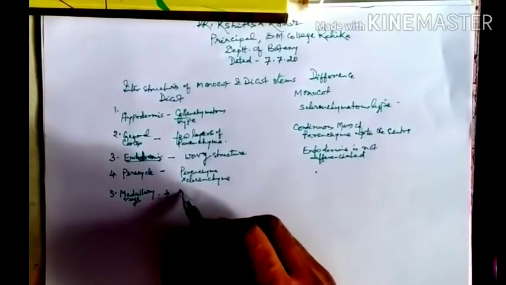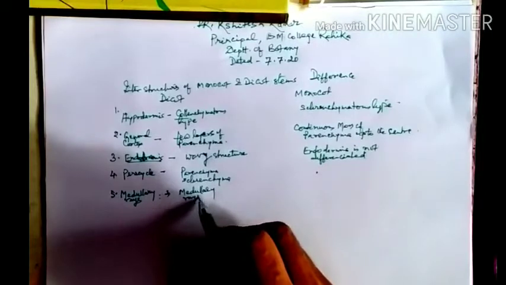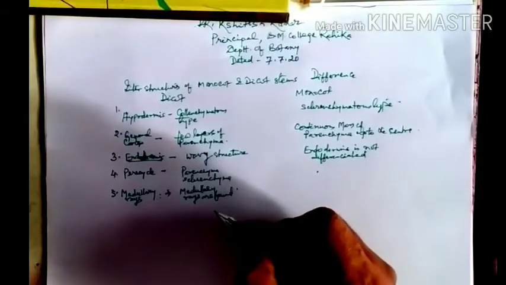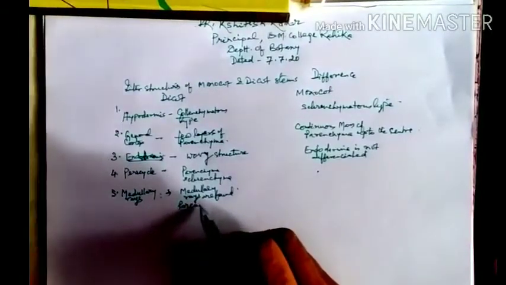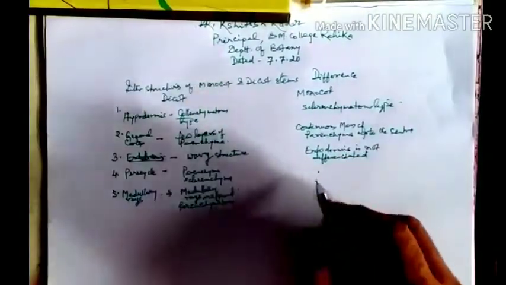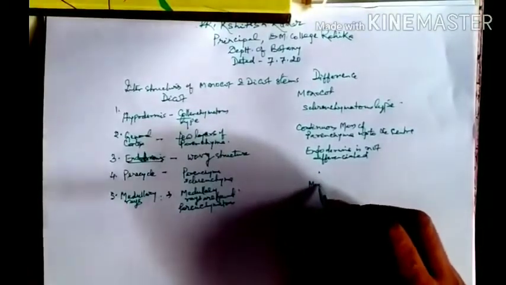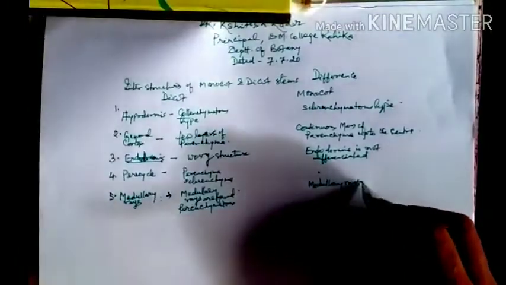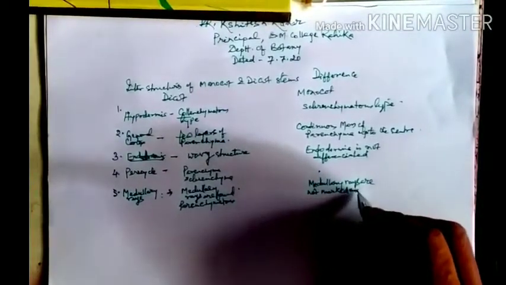So here in the dicot the medullary rays are found, and they are of parenchymatous nature. Here in the monocot, medullary rays are not clearly differentiated, not marked out.